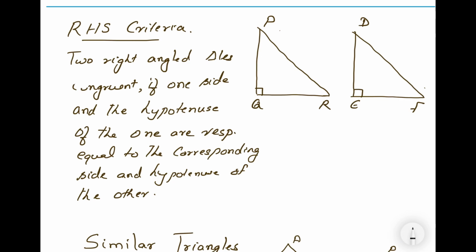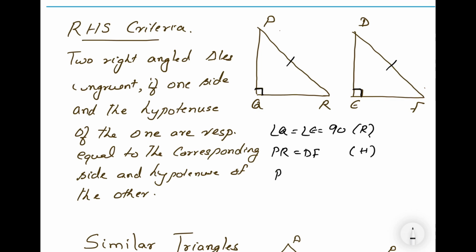Now, the last one is the RHS criteria. This is two right angle triangles. That means now angle Q and angle E are equal and they are 90 degrees. So it is a right triangle and the hypotenuse has to be equal. For RHS criteria, you should have right angle, that is R, then hypotenuse H. So you have angle Q equal to angle E equal to 90 degrees, that is R, then PR equal to DF, that is hypotenuse, then any one of the other sides.